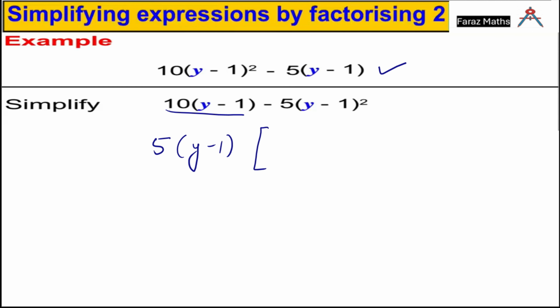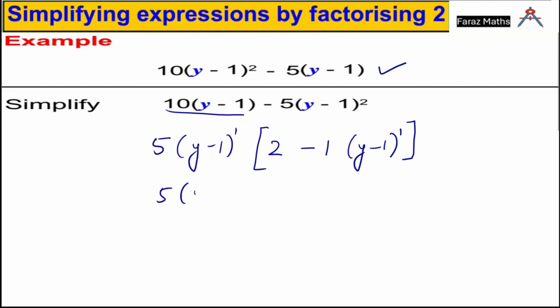Start from here. 5 times what will give you 10? 5 times 2 will give us 10. And because y minus 1 power 1 is already outside, you don't need to write y minus 1 there. And then negative sign, and there is 5, so we have to write negative 1, and y minus 1 power 1 is already outside, so you have to write y minus 1 to the power of, and close the bracket.